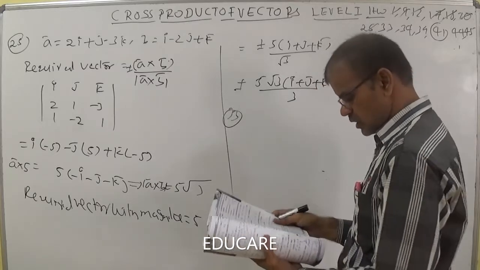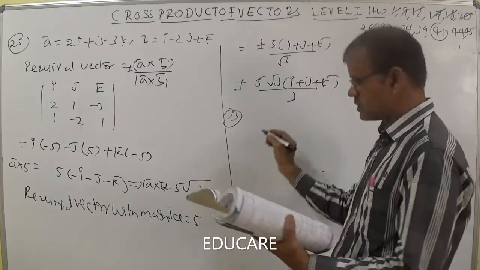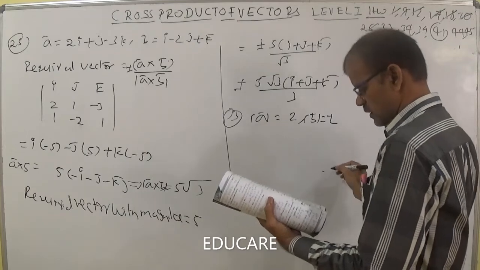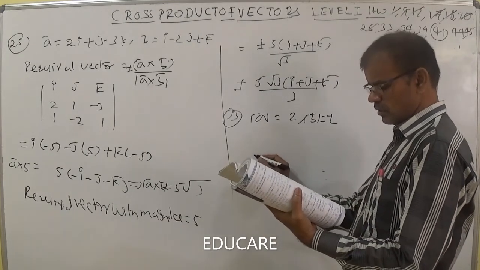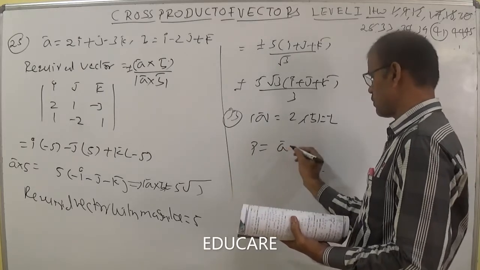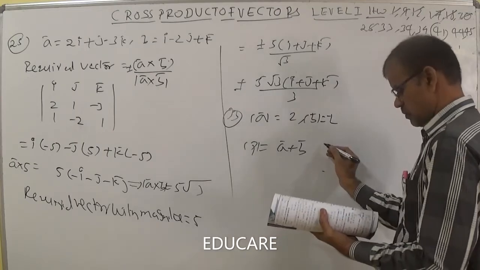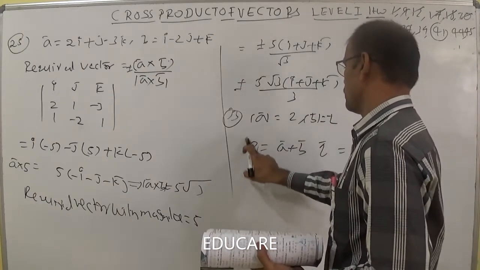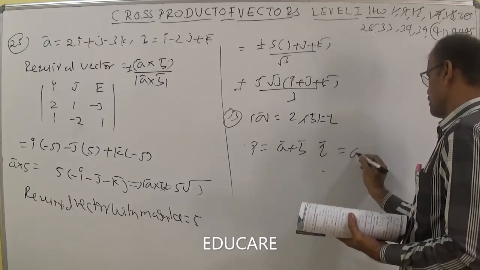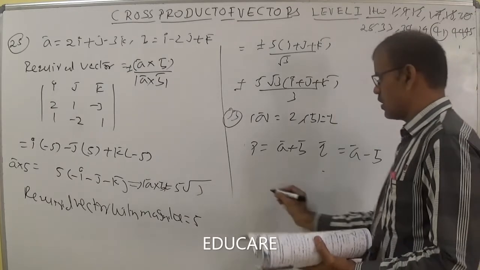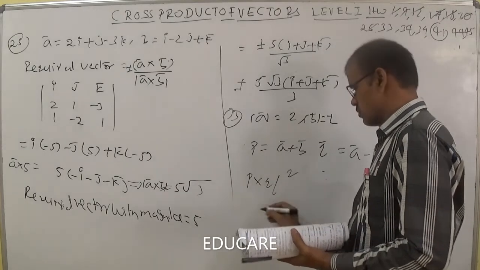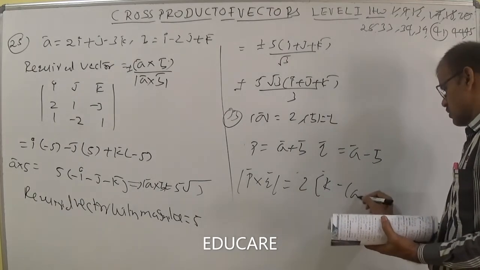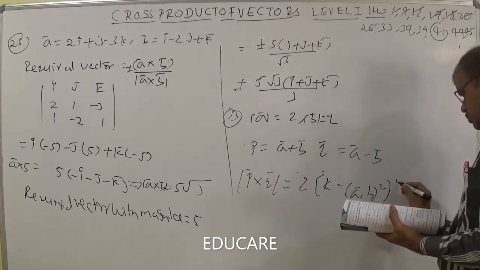Let us discuss the 33rd question. Mod A is equal to 2, mod B equal to 2, and P bar is equal to A plus B, Q bar is equal to A minus B. And the modulus of P cross Q is equal to 2 into (K minus A dot B) whole square, total power 1 by 2.